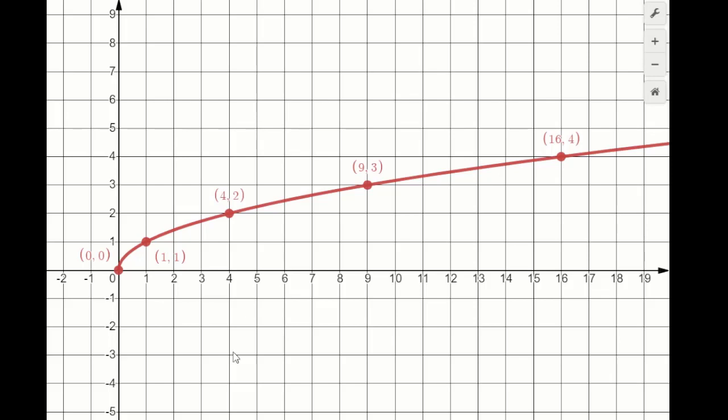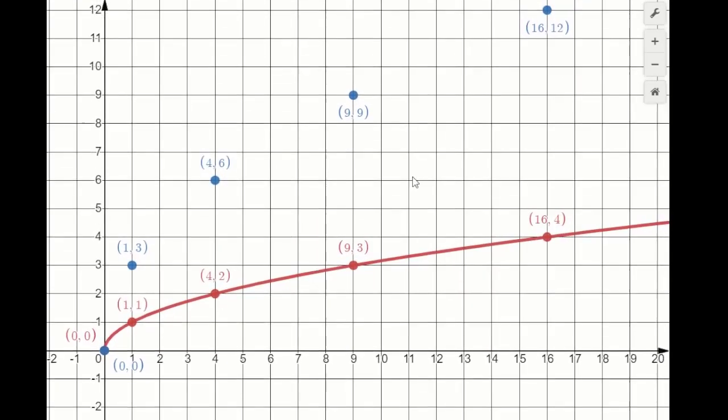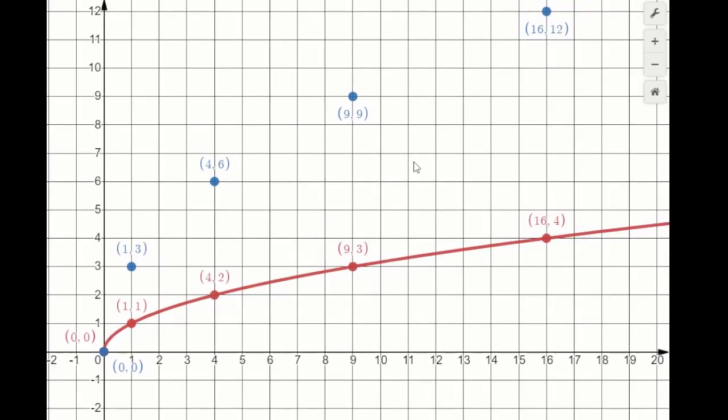These are the guiding points for my transformed function. I had to drag my graphing window down a little to show the complete set of all the points. The first guiding point is here on the transformed version, the second one is here.